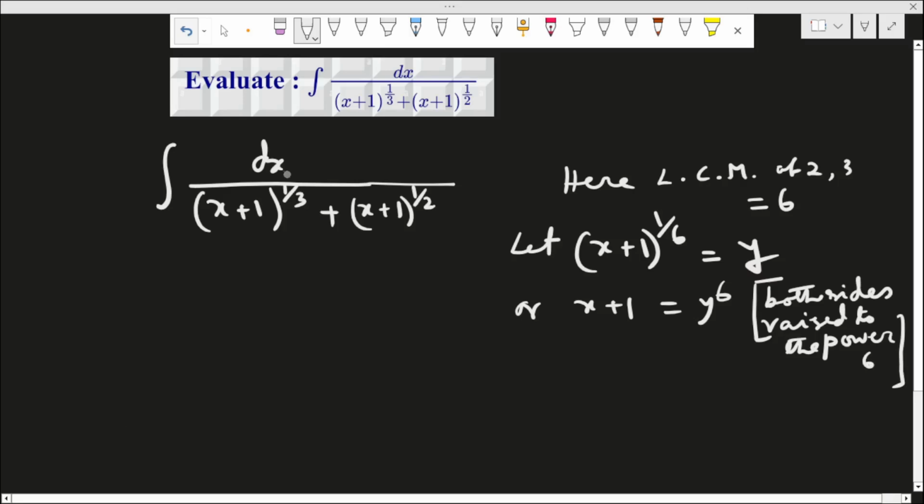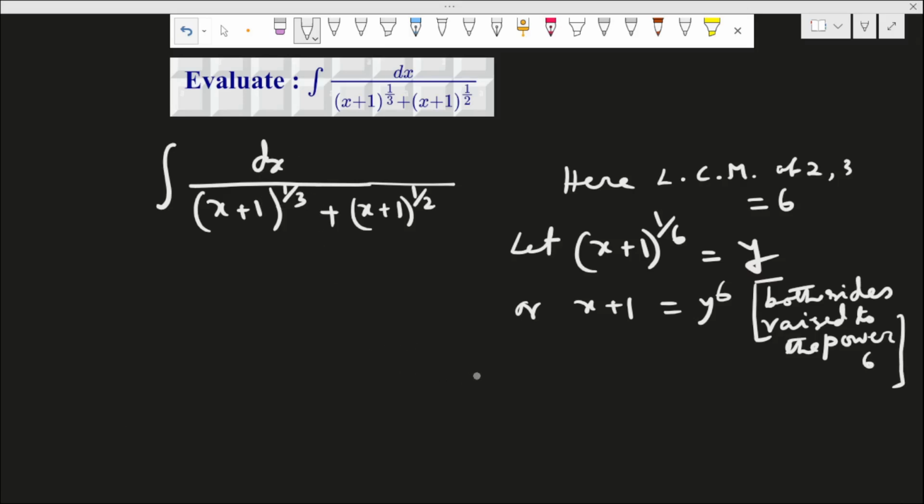Now x plus 1 to the power 1/3: raising both sides to the power 1/3, that means y to the power 6 to the power 1/3, the 6 and 1/3 combine to give y square.